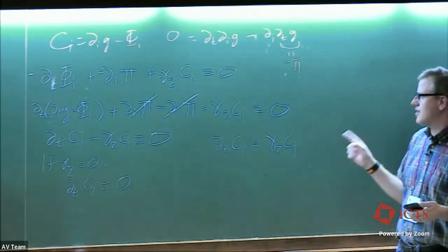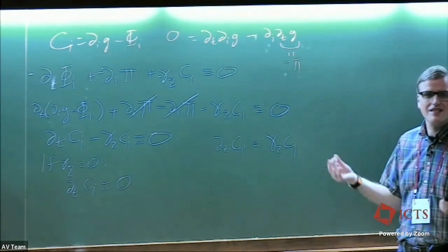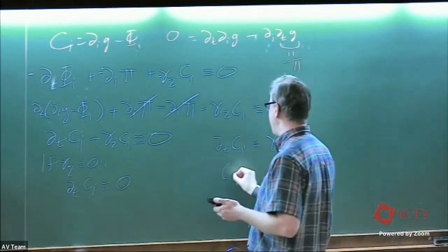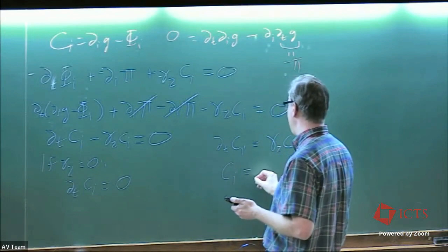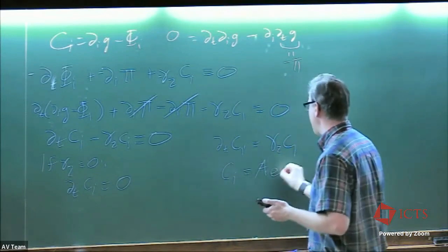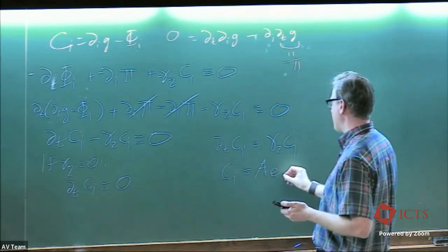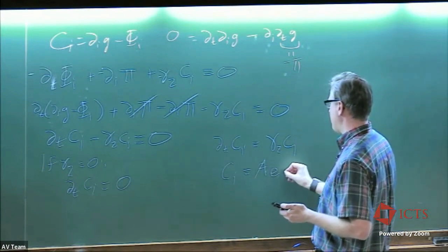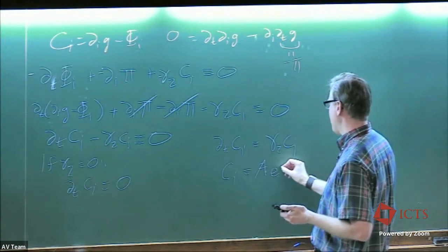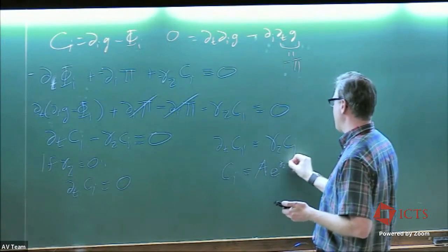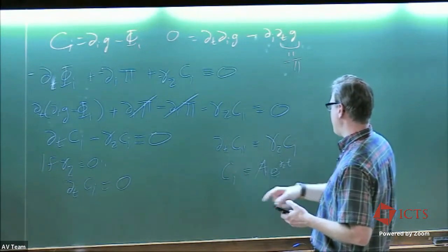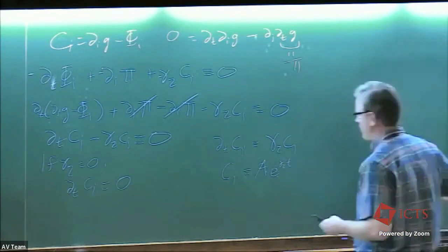What kind of solution do you think an equation like this has? Exponential solutions, right? So this means C_i is going to be equal to some constant, I'll call that A, times e to the gamma 2 t. Let me try to do this right.